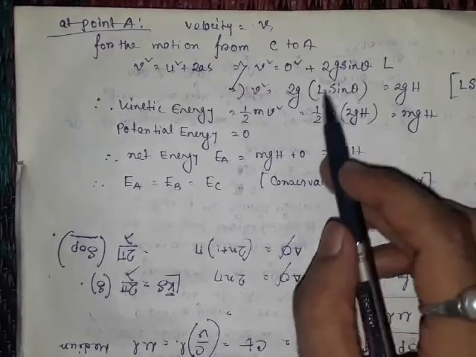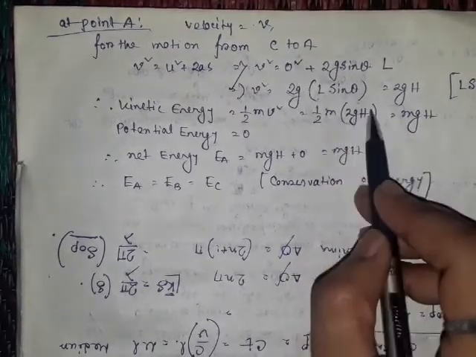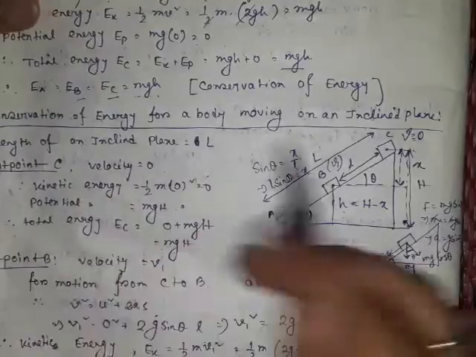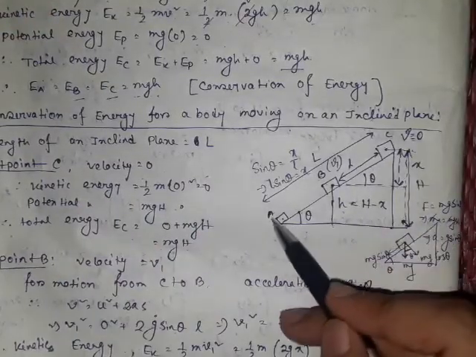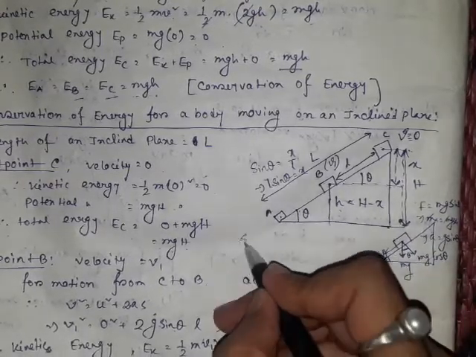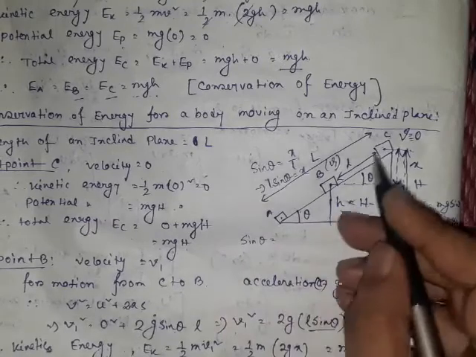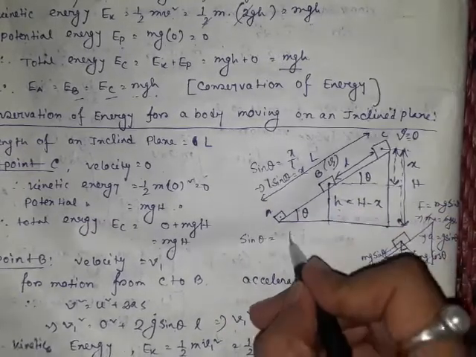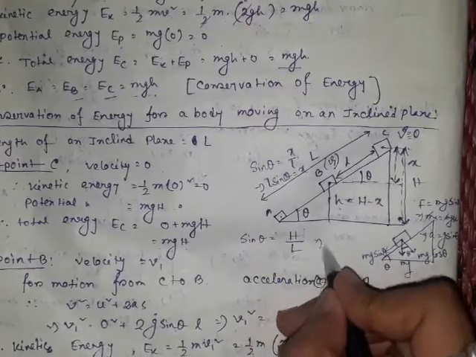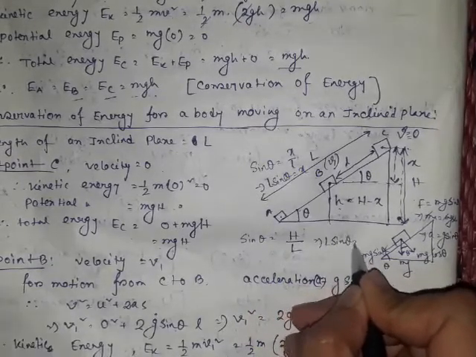Now just L sin theta. For this whole triangle, find out the sin theta. It will be height, that is H, by hypotenuse L. So L sin theta will be capital H.